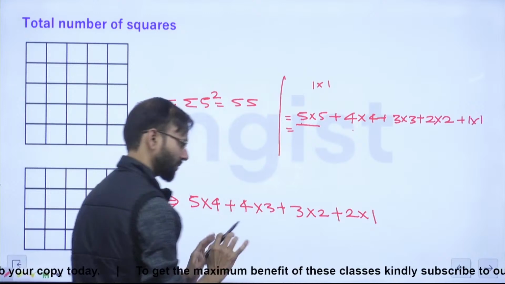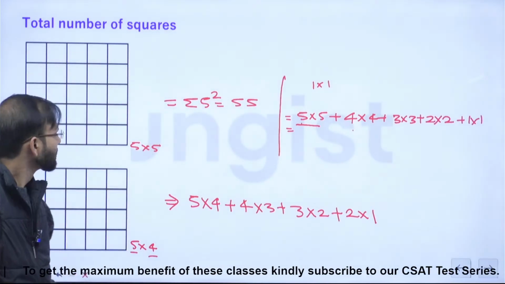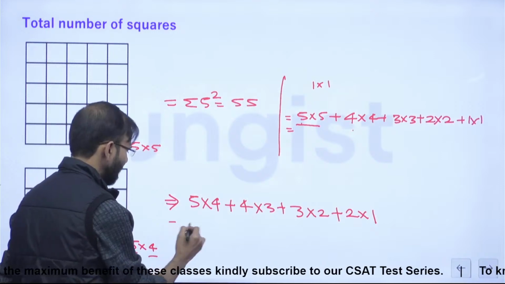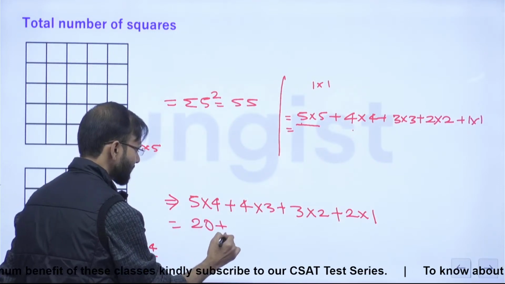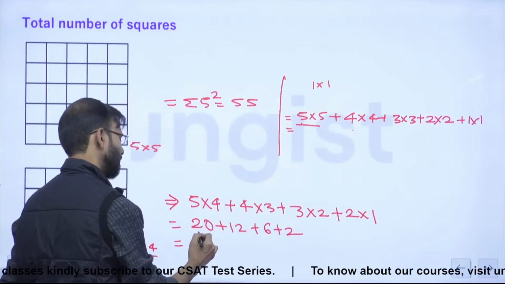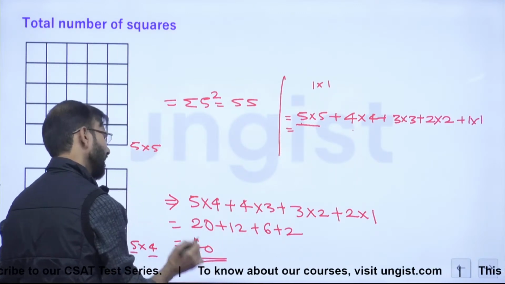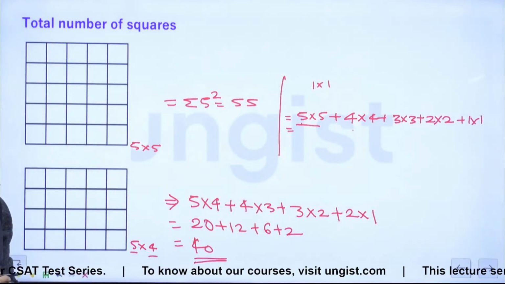After that, it will not work. 1 will become 0, which is not possible, right? So guys, just add them. Tell me, how much is this? This is 20, this is 12, this is 6, this is 2. So this will become 20 plus 20. This is 40. Everyone clear now, right?